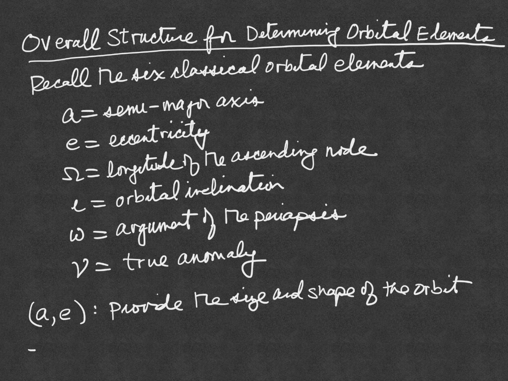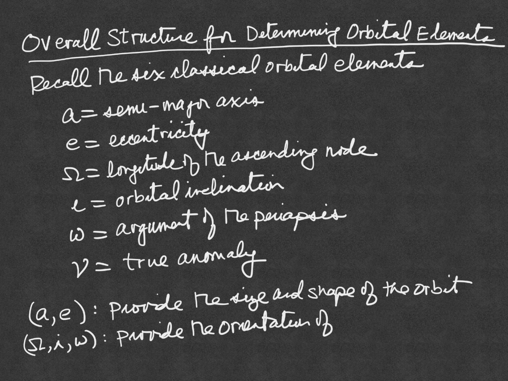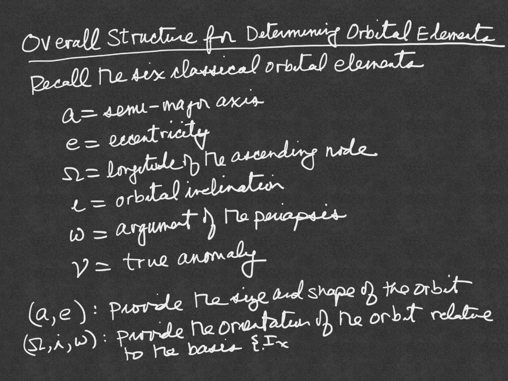The three angles, omega, I, and little omega, together provide the orientation of the orbit relative to the basis Ix, Iy, Iz, where that basis Ix, Iy, Iz is the ECI basis, or the Earth-centered inertial basis.